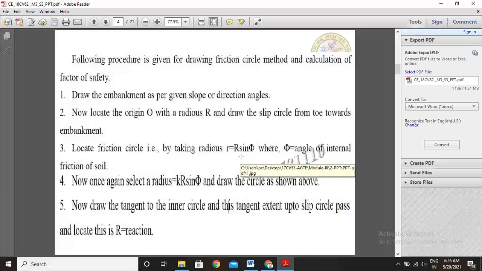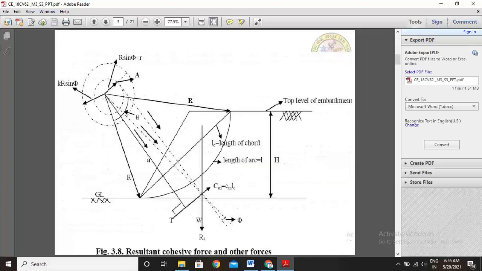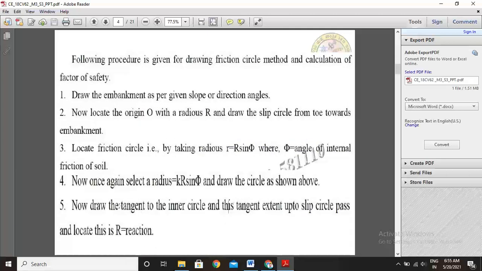Based on this value, look at the friction circle: with radius R sin phi, O as the center, draw the friction circle in dotted lines. Next, select a radius equal to k times R sin phi and draw this circle as shown above.